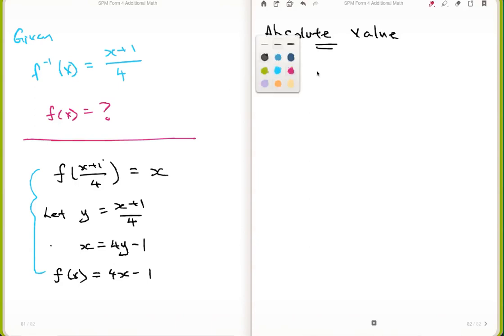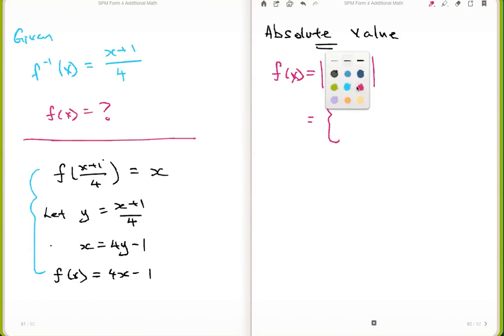Say you have a function f(x) equivalent to the absolute value of x minus 3. Now what does it mean? It means to take only the positive value of y. You may simplify it to the following. You have two equations.